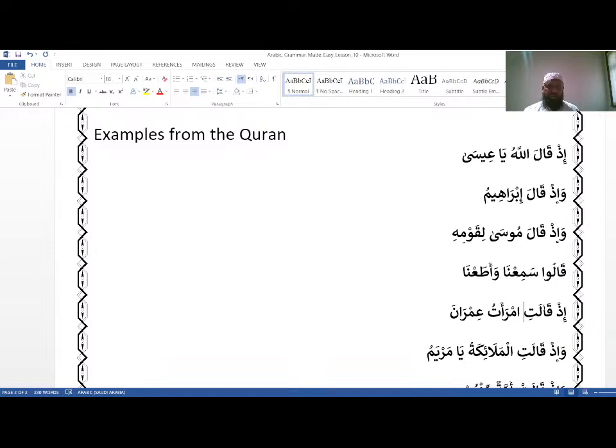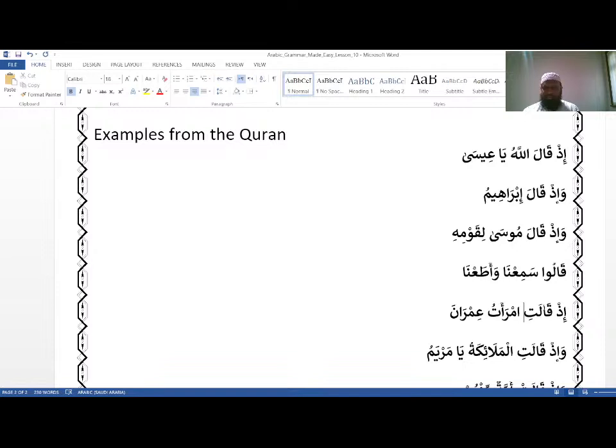Malak is angel, plural malaikatu. We don't look at the plural. We always look at the wahid form of it. The singular is either mudhakkar or muannas. If you look, the singular is malakun, there are no signs of muannas, so it is mudhakkar.